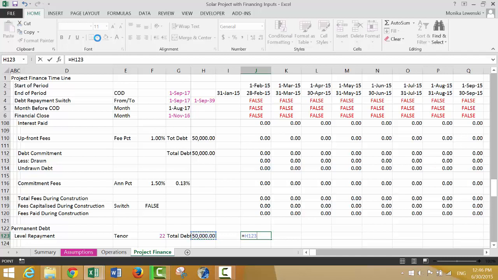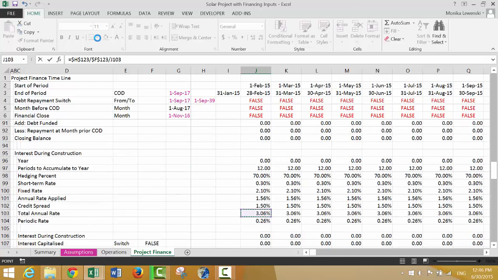So we can take this divided by the, oops, let's press F4, divide this by F4, and also divide this by how many periods we have per year. Not F4, and then multiply it finally by the debt repayment switch.